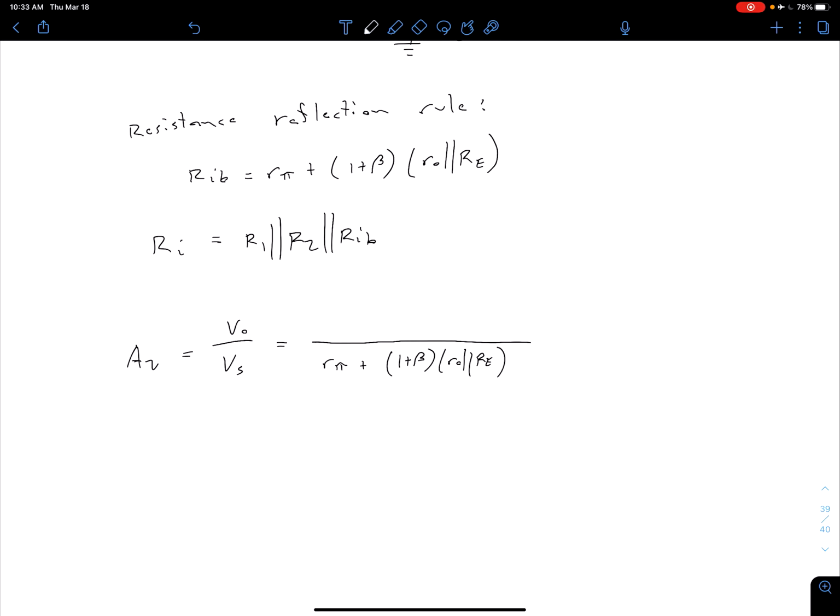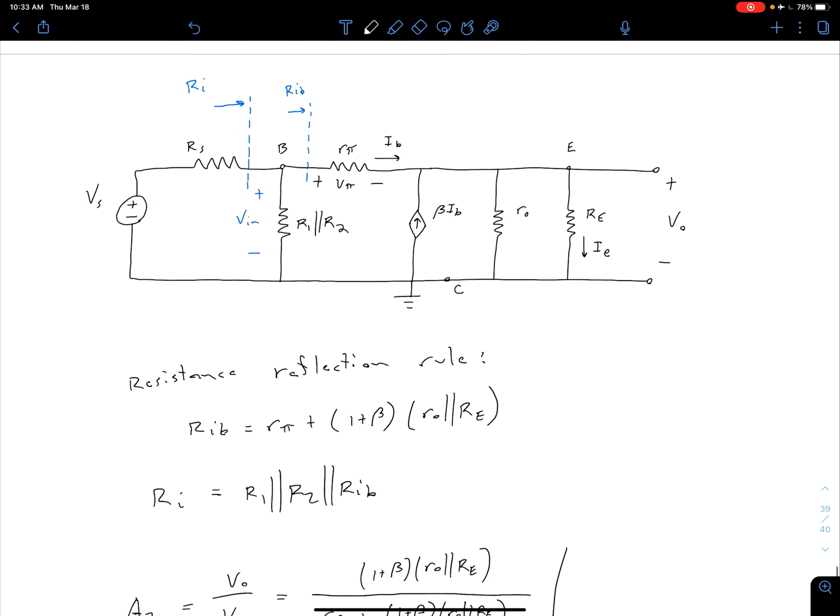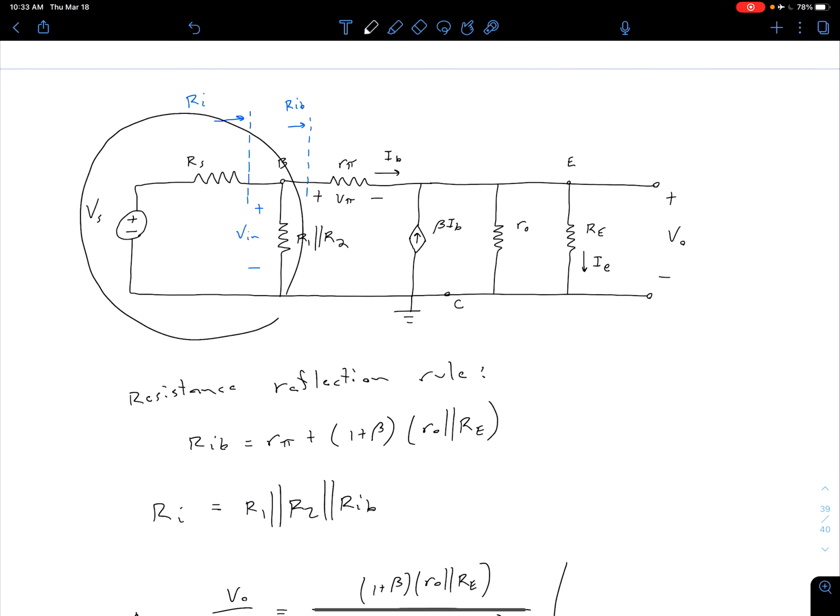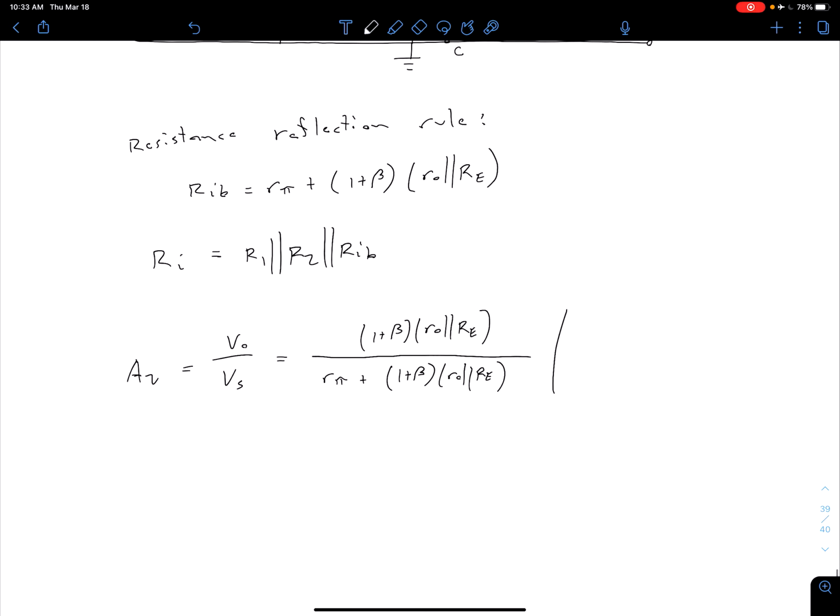And in the numerator, we have the same thing, just minus that r pi term. So we have 1 plus beta times the parallel combination of Ro and Re. And then we also have that term that comes from our voltage divider on the input side, which is going to be our Ri divided by Ri plus Rs.